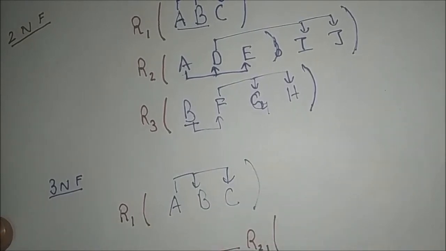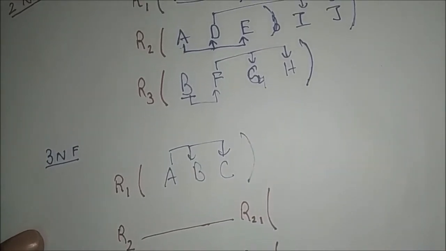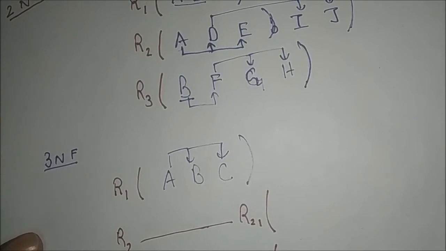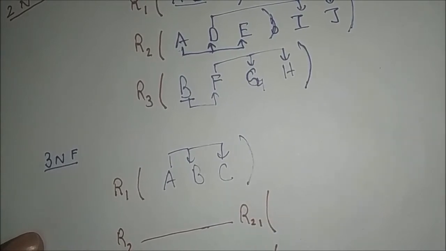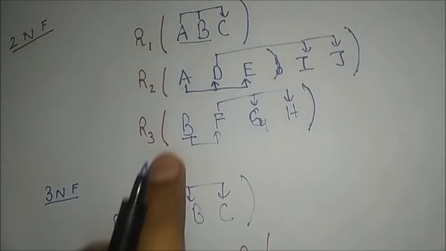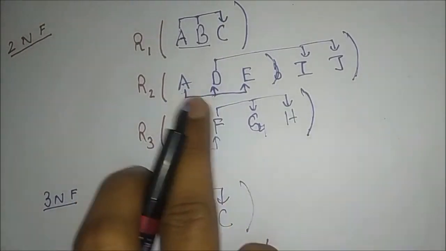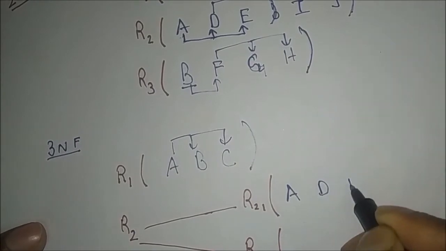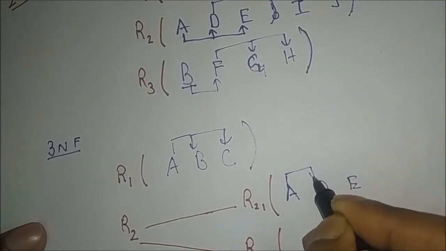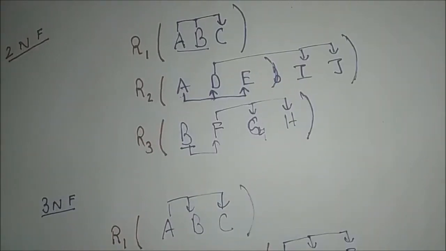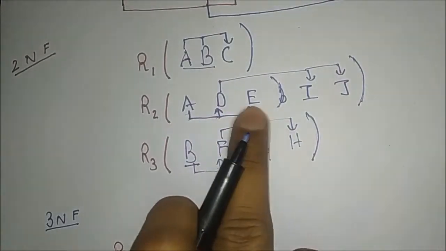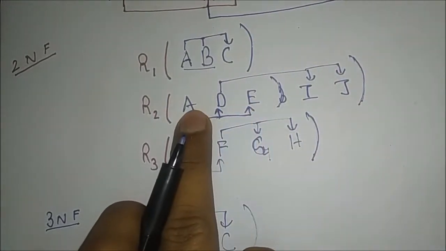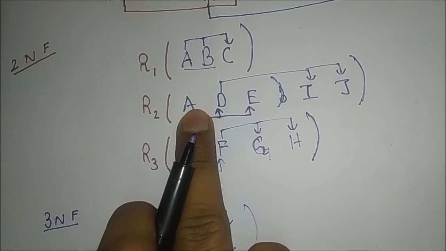Now R2 will again decompose into two relations. A, D, E will be one relation, because A is the candidate key here, and D and E are depending on the full candidate key. There is no case of partial dependency.